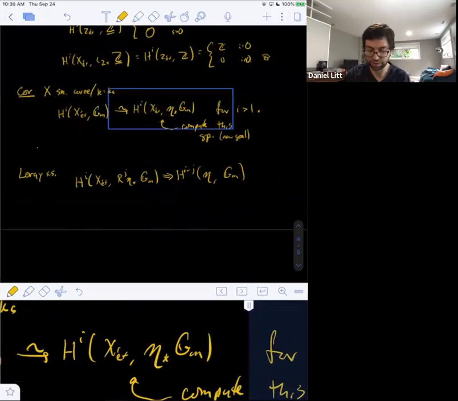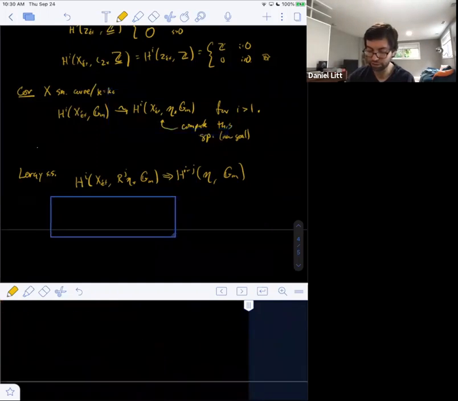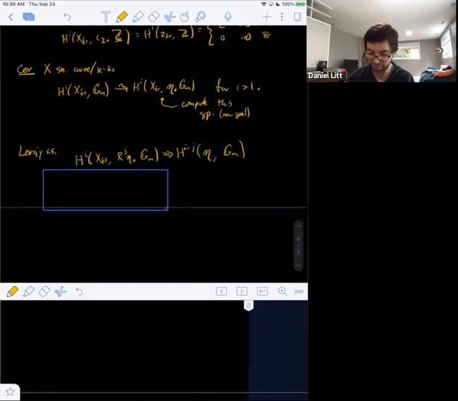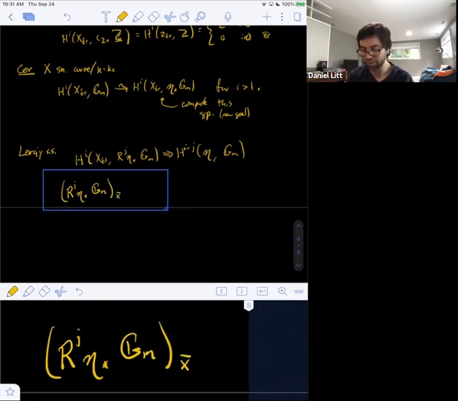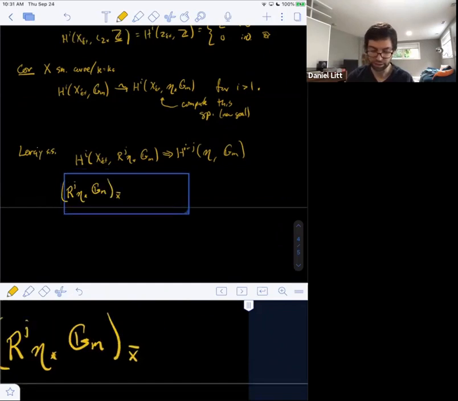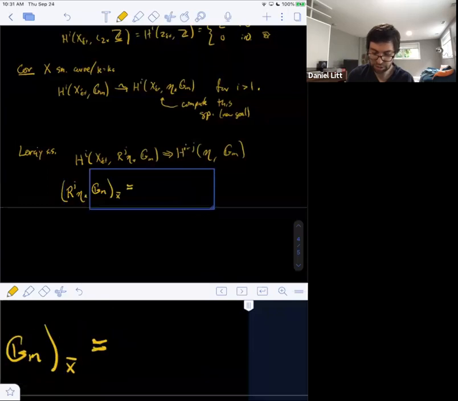We're just interested in the leftmost row of the Leray spectral sequence, so the part where j is 0. So let's try to understand these sheaves, R^j of eta lower star of G_m. And when I say understand, I mean let's try to understand what the stalk is at a geometric point. So can anyone tell me how to understand that?